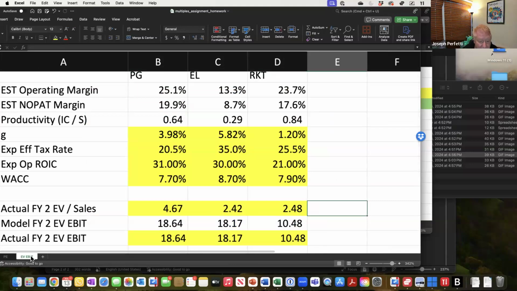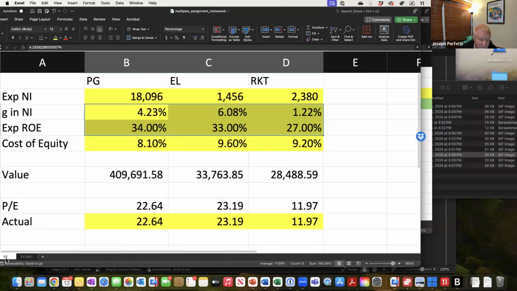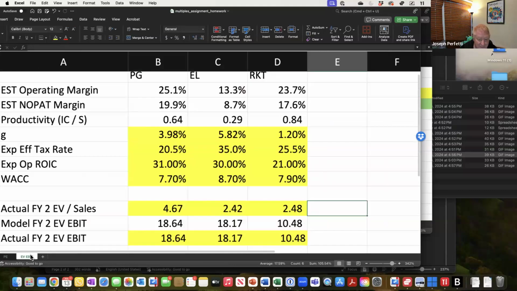On the operating multiples, P&G and Estée Lauder are again very similar on EV to EBIT. This time, Estée Lauder is at a little bit of a discount to P&G. Remember, in the PE they were at a premium. Here, they're at a little bit of a discount, similar, but why? 18.17 versus 18.64.